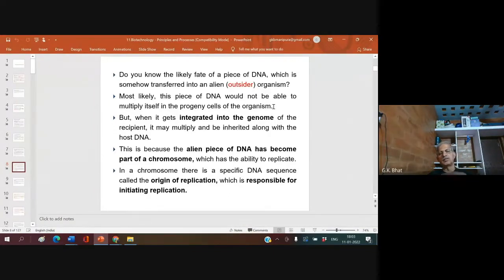It may show to a certain extent some impact of this addition, but it will not pass to the progeny.